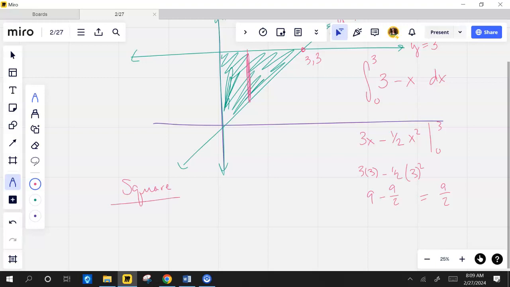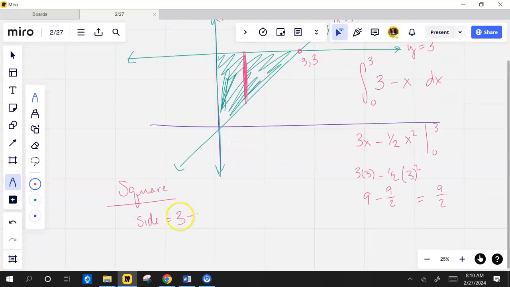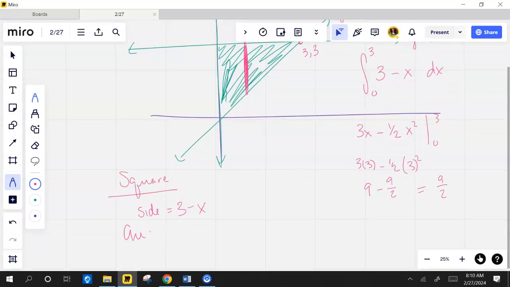So the area of the square, let's first find the side length. That is my cross section. What is that? 3 minus x. So then the area of the square, you just square it.